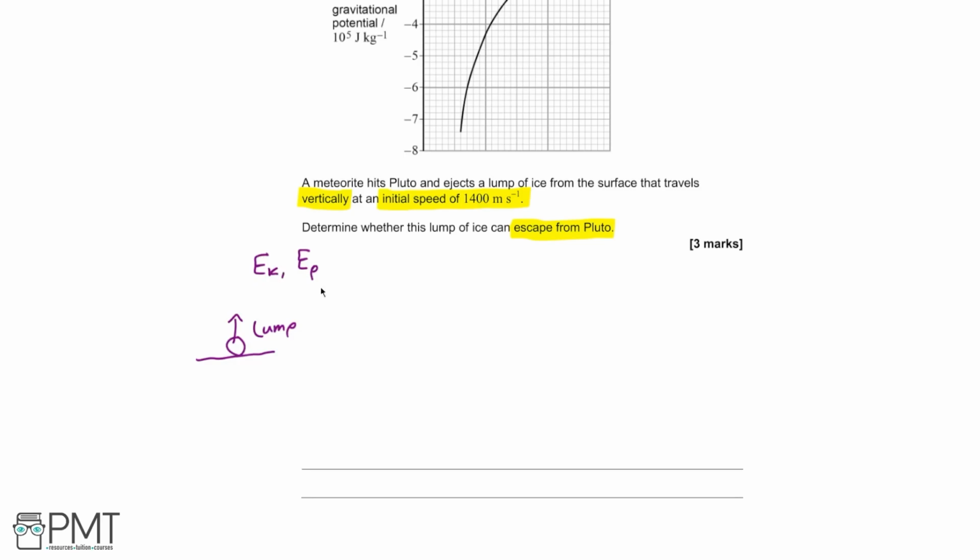The kinetic energy comes from the formula Ek is equal to 1/2 times the mass of the meteorite times its velocity squared. And the potential energy comes from the gravitational potential, so it's from the graph above. Specifically, the gravitational potential energy is equal to the gravitational potential multiplied by the mass of the object, m.